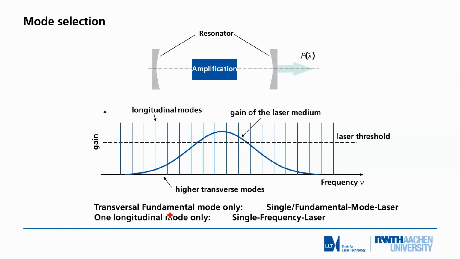This mode selection, as I said, usually is much smaller than the spectral width of the gain medium. Again, in this picture here, we summarize what we have seen so far. So there are individual longitudinal modes depending on the resonator geometry, c over 2L, where L is the resonator length. And usually a lot of these longitudinal modes go under the gain curve of the laser medium.